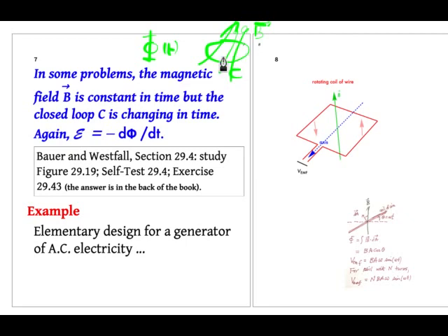Well, that also produces an EMF. So in some problems, the magnetic field is in fact constant as a function of time, but the closed loop is changing in time because it's moving. Again, Faraday's law applies. The rate of decrease of the flux is equal to the EMF around the loop.